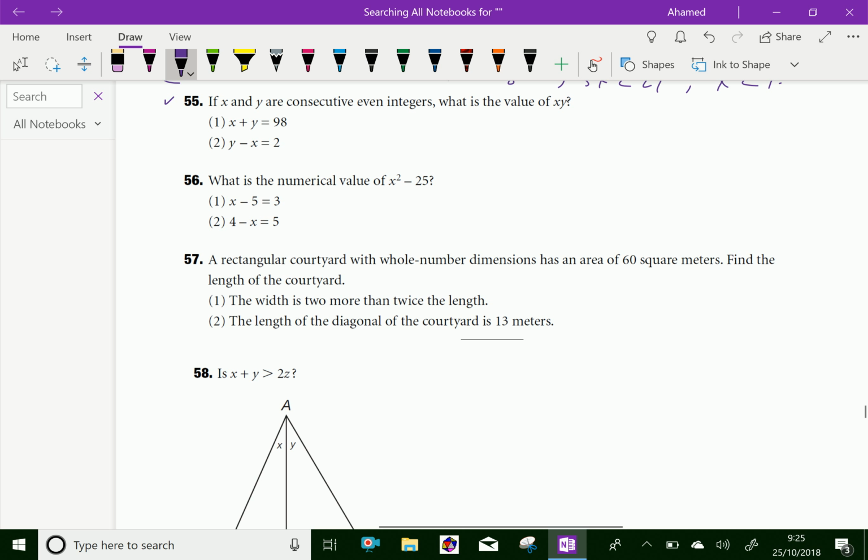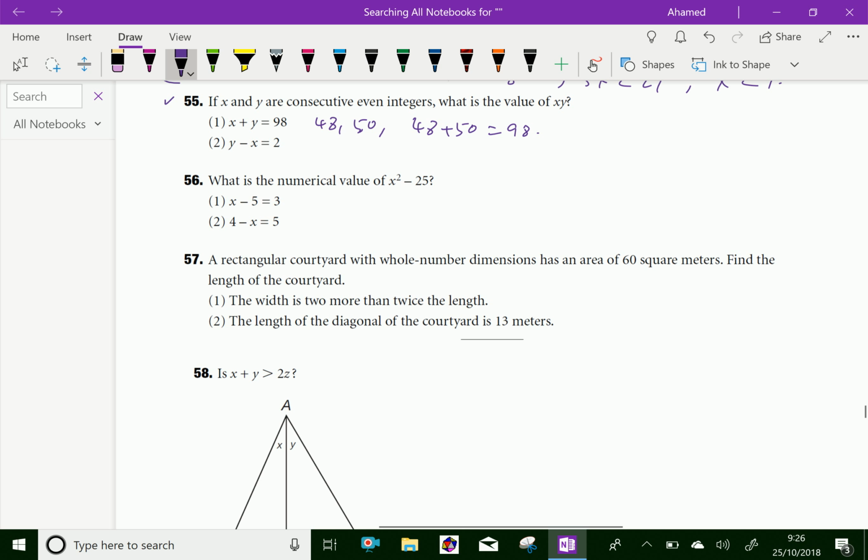So 48 and 50, suppose x is 48, y is 50, or vice versa, x is 50 and y is 48. Both adding means 48 plus 50 equals 98. Therefore we can find the value from these numbers, 48 multiplied by 50.